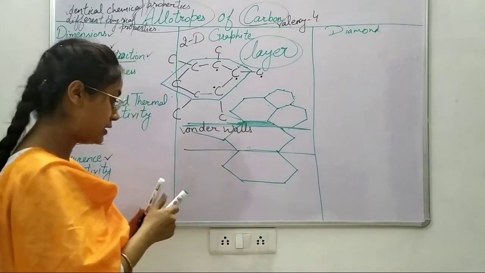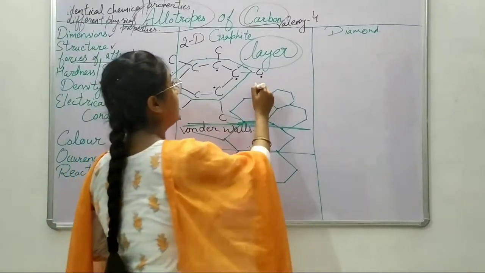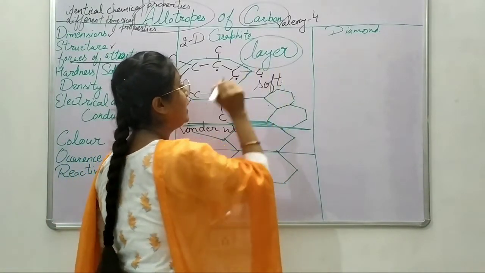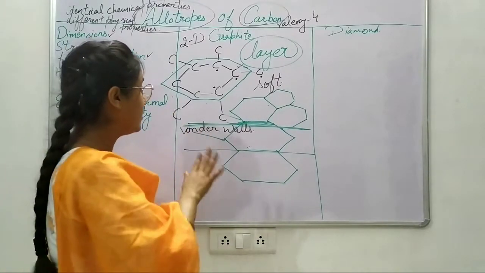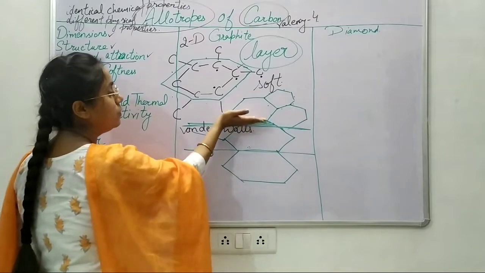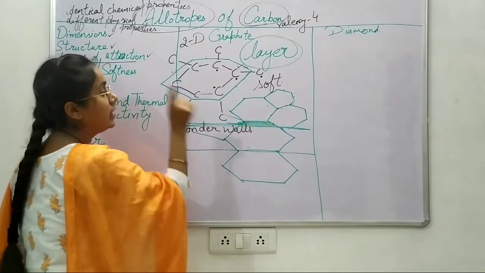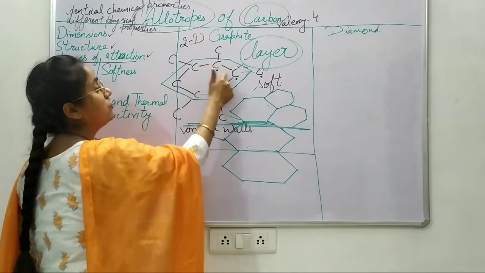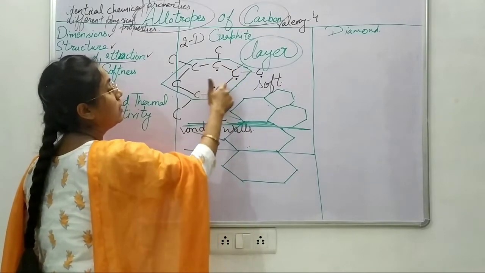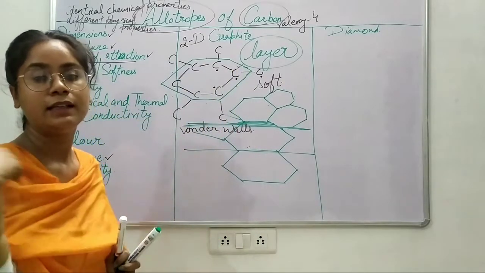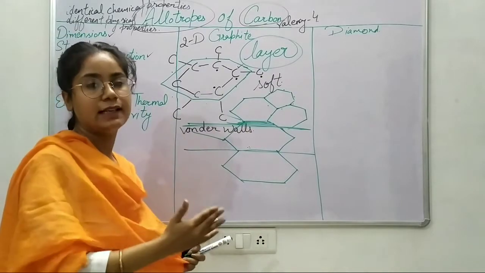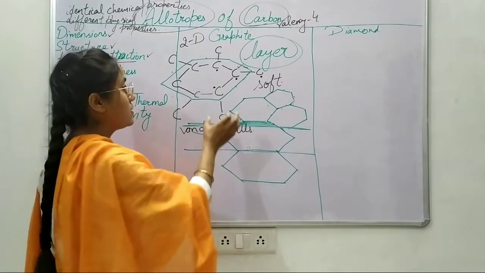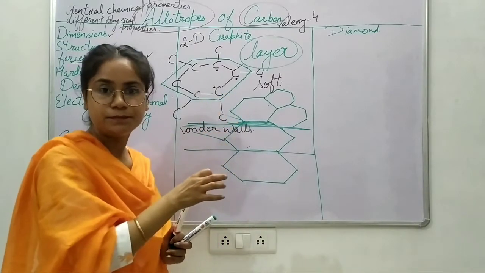Now graphite is usually found to be soft. Now why is it found to be soft? Well, the reason behind it is the Van der Waals force of attraction and one free electron roaming around in it. Because all the valency has not been fulfilled, it is not completely stable.